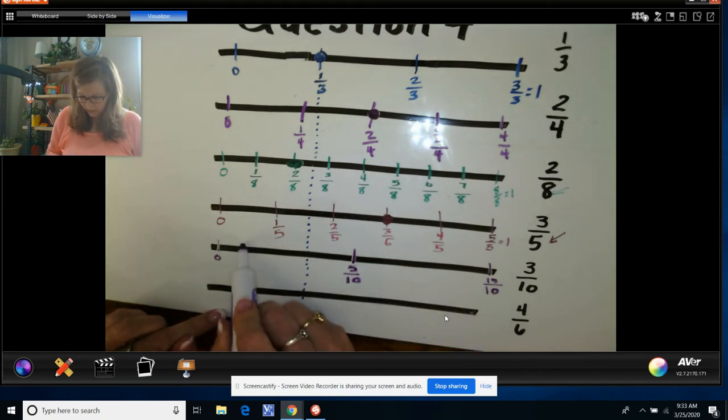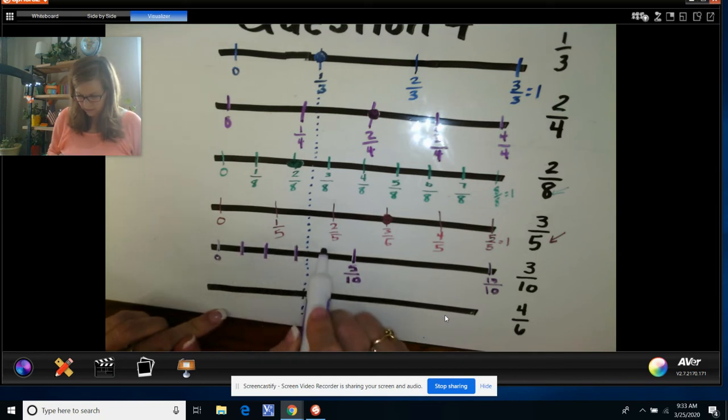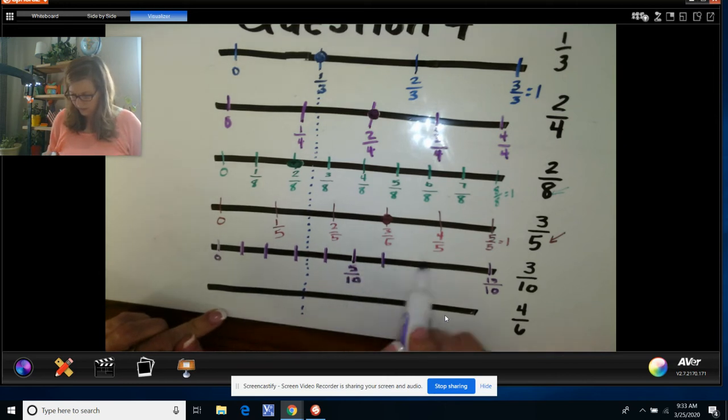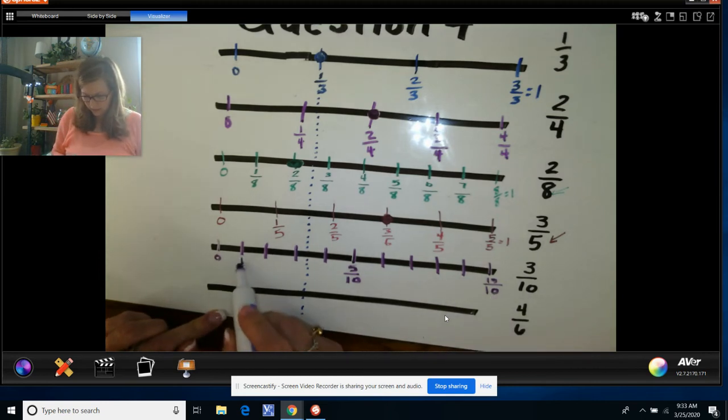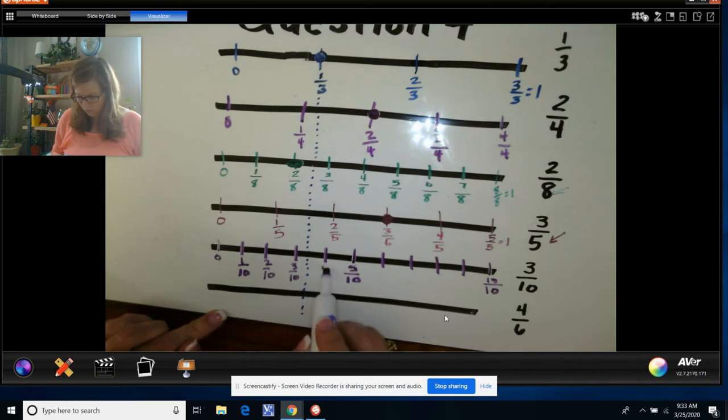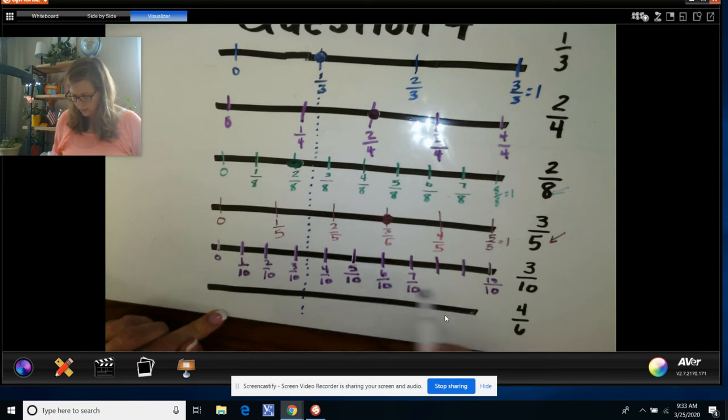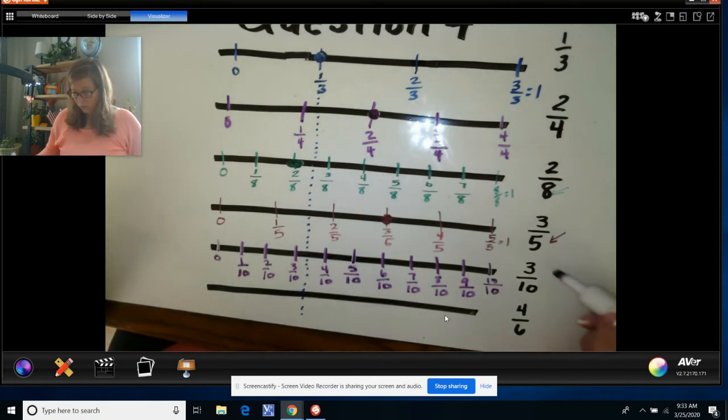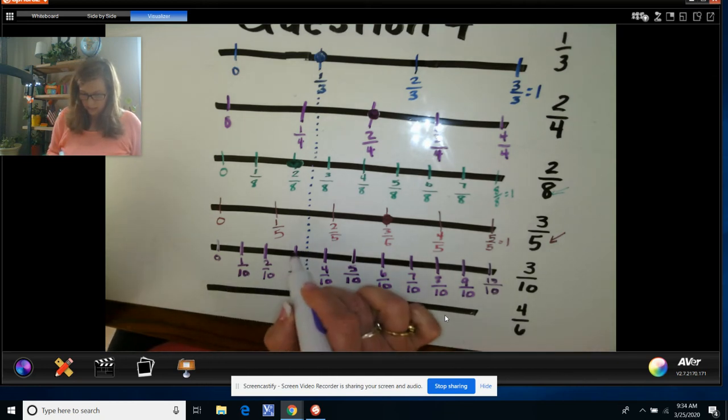So here we go: 1/10, 2/10, 3/10, 4/10, 5/10, 6/10, 7/10, 8/10, 9/10, 10/10. So what part are we talking about with the tenths? We're talking about 3/10. So I'm going to come over to my number line and I'm going to mark 3/10.